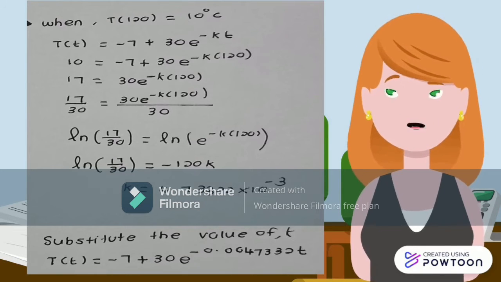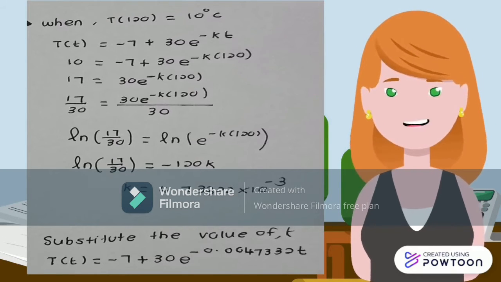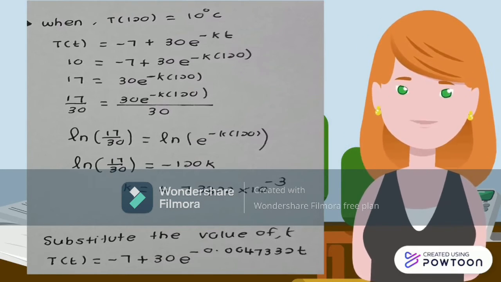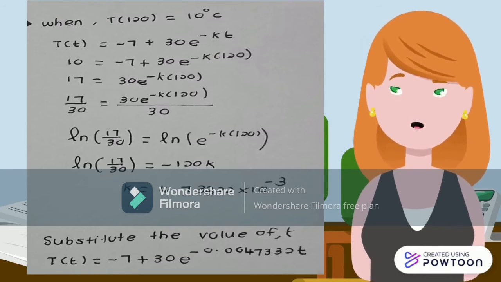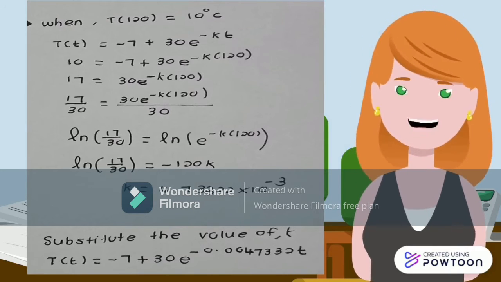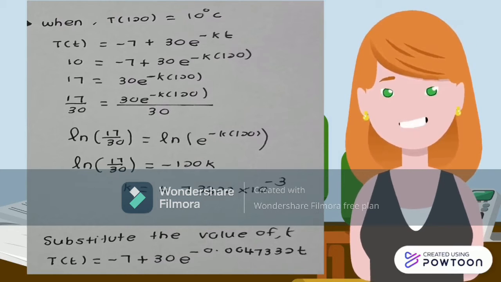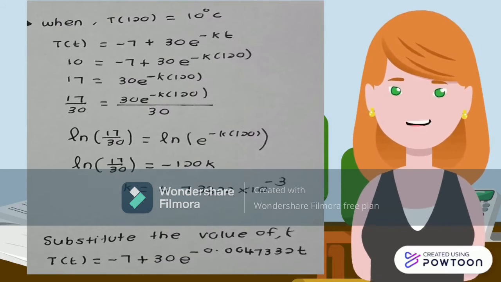So after that, we will get 17 over 30 equivalent to exponential negative k times 120.